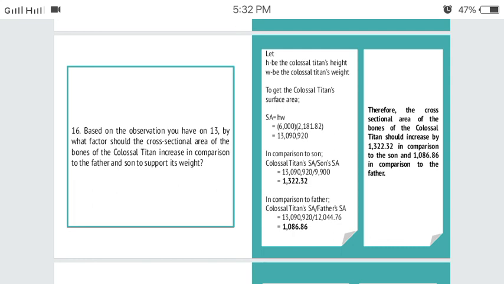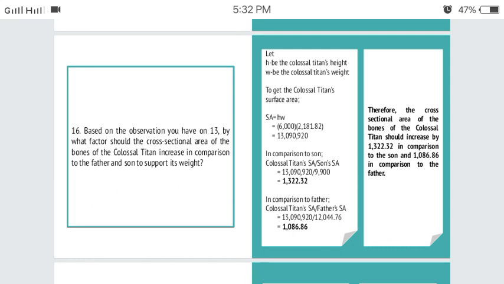That is equal to 13,090,920. So in comparison to the son, the colossal titan surface area divided by the son's surface area, that is 13,090,920 over 9,900, that is equal to 1,322.32.